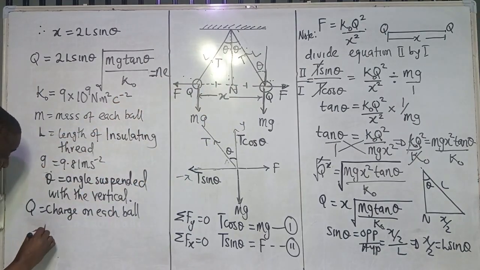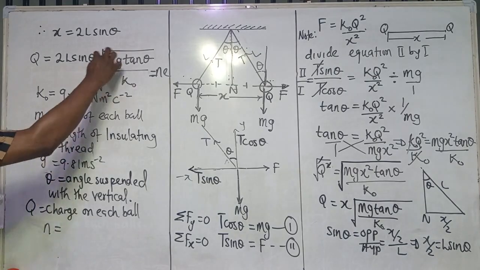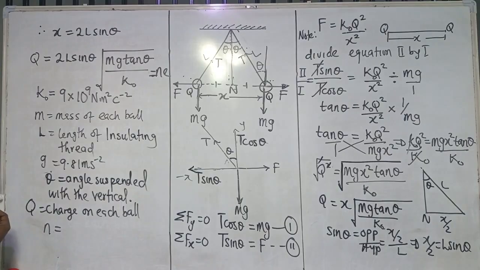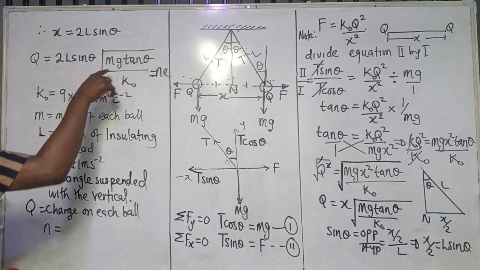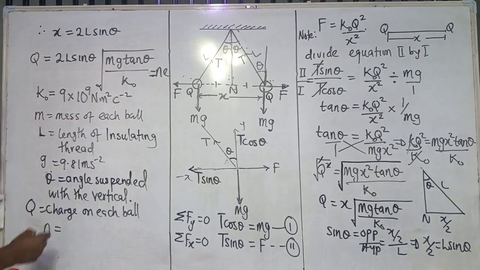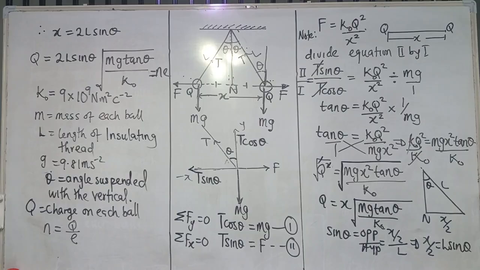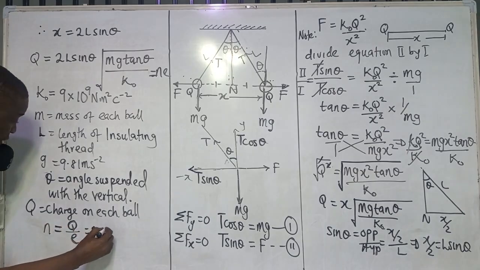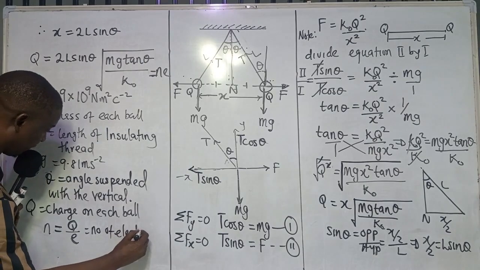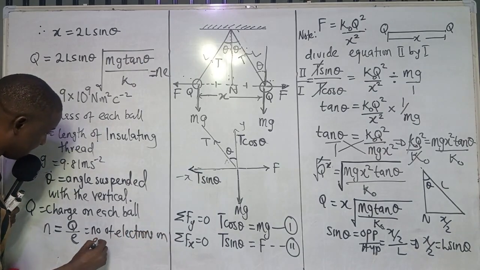So the number of electrons will be N equals Q over E, that is, everything here divided by E. That is our N, the number of electrons on each ball.